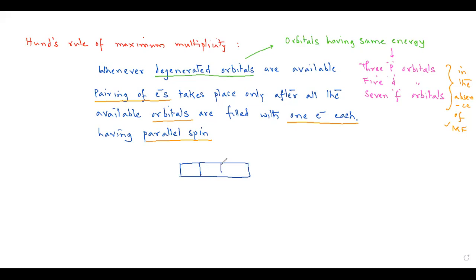Let us take the 3p orbitals in the p sublevel. I told you that you need to fill up one electron each in the orbitals, then only pair them up. So pairing occurs only after all the available orbitals are filled with one electron each.